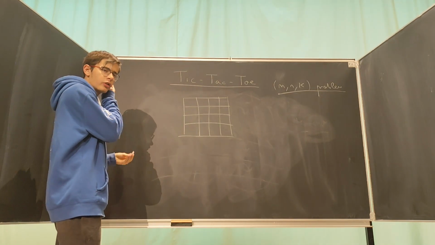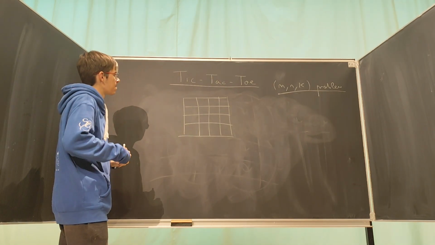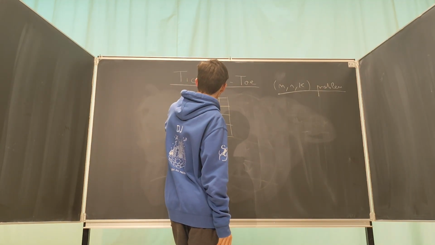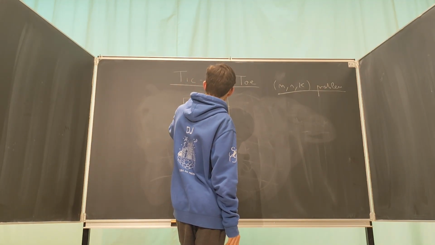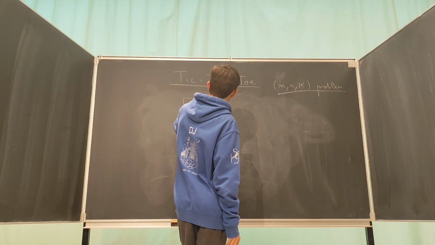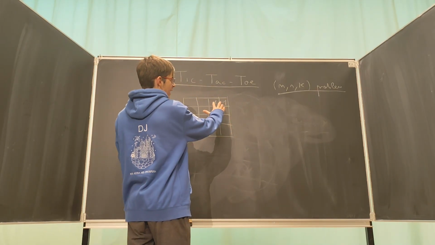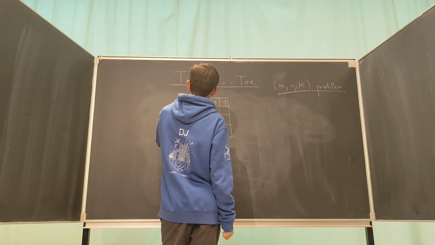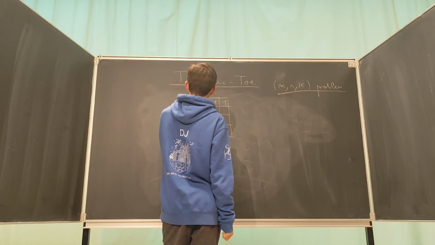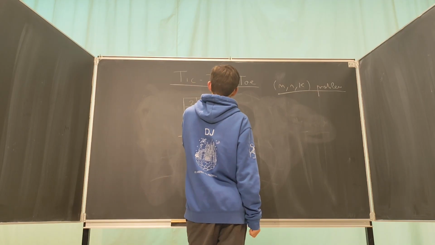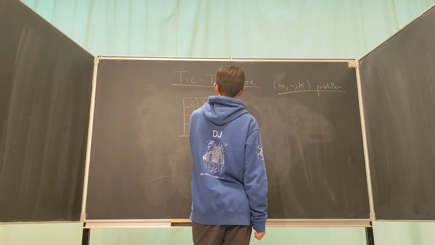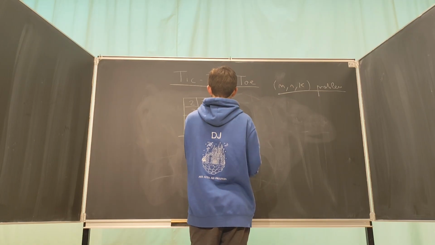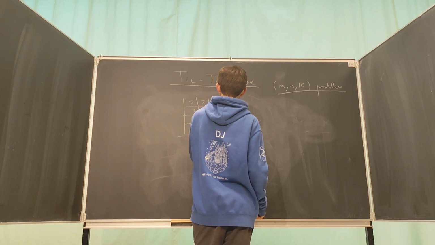Okay, and we're going to construct the pairing in this way. So let's say we take here 1, 1. So these two squares have the same number. That will mean that they form a pair. Here we can do, I don't know, 2, 2, 3, 3, 4, 4, 5, 5, 6, 6.